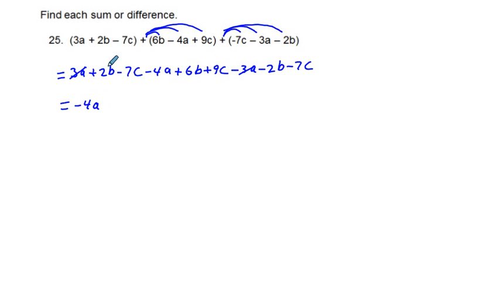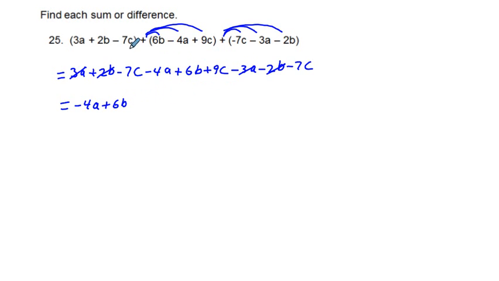Now we'll gather the b's. We have 2b plus 6b minus 2b. This 2b minus 2b are going to cancel each other, and we're just going to have left plus 6b.